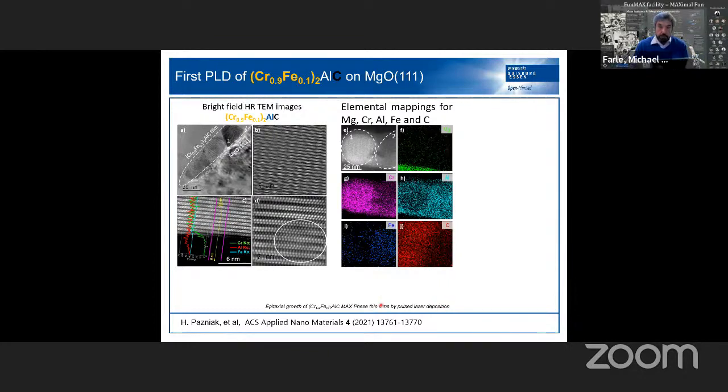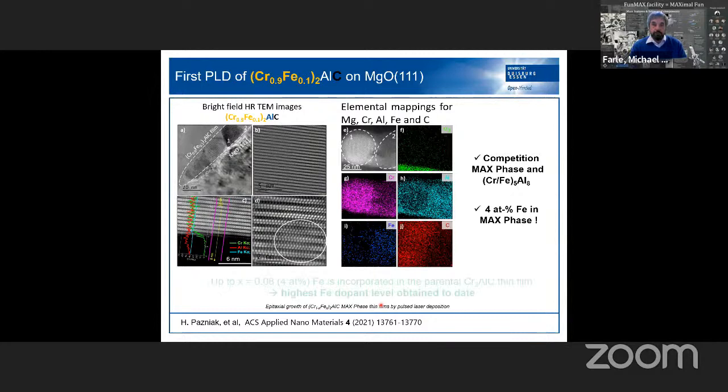It's done by pulsed laser deposition. So this is the first demonstration of a MAX phase containing iron. And the maximum which Ulf and his co-workers could achieve is 4% iron in the MAX phase. This is the highest iron dopant level obtained to date. As physicists, we are always optimistic and dream that we can put more iron in there.